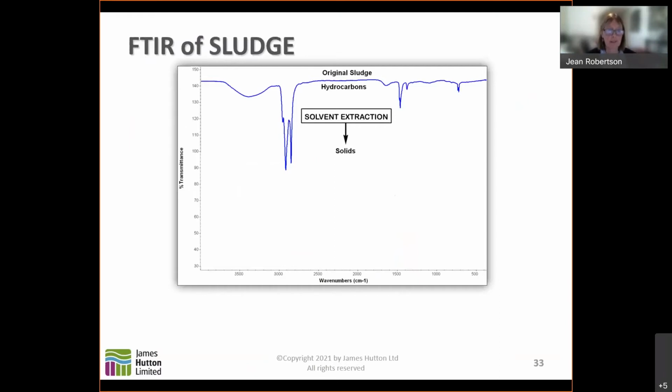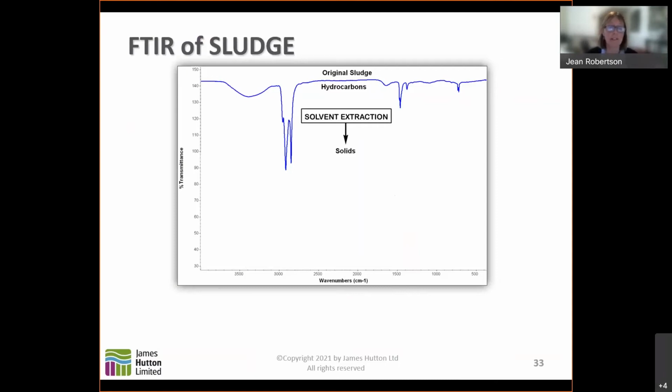However, if, as many sludges do, there are hydrocarbons present, then you can find that this dominates the spectrum, so we can't just rely on the spectrum to work out what's there. We've got to do some preparation, and often it's a solvent extraction, which we generally do with dichloromethane, DCM, because it's both a good solvent for many organics and also it rapidly evaporates so that we can record our FTIR.